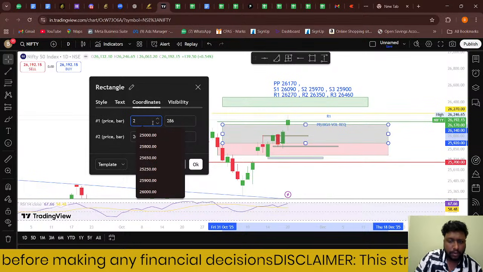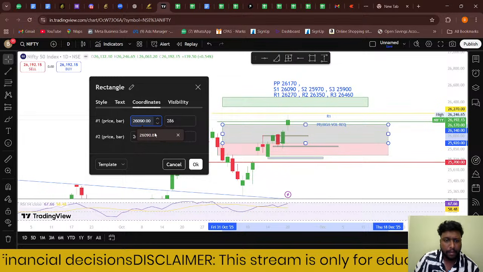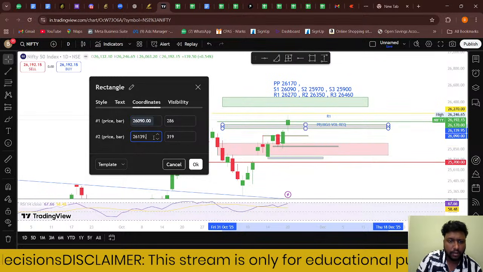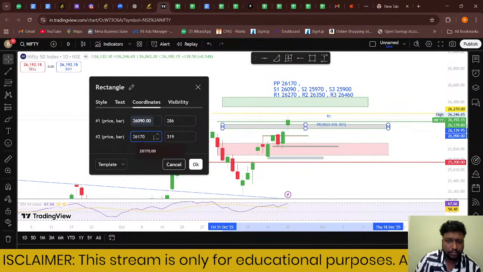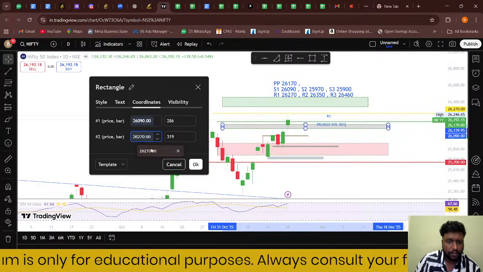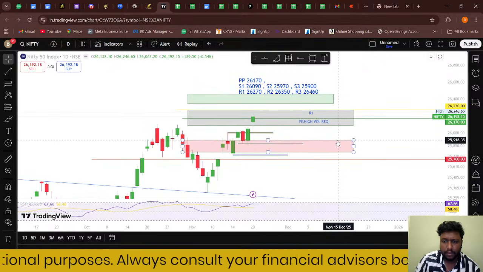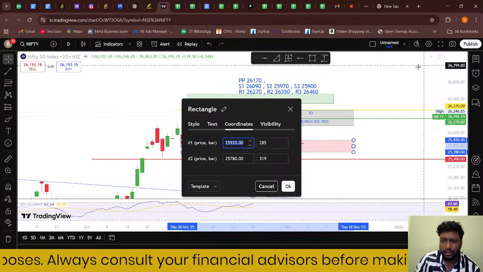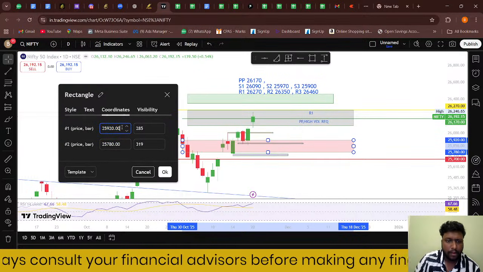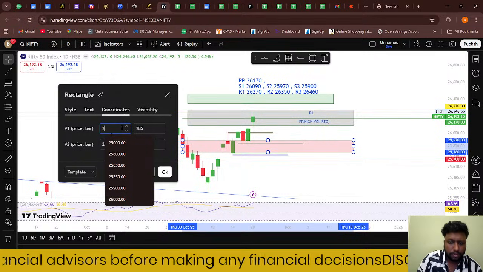The bearish zone will be between S1 at 26,090 and R1 at 26,170 to 270. So this will be the consolidation zone.